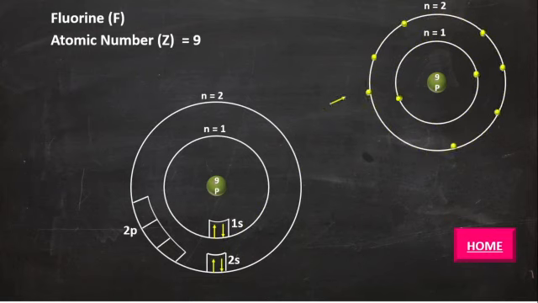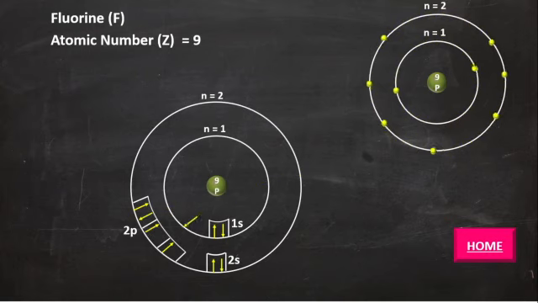Next, fifth electron, isn't it? Next, sixth electron, isn't it? Here is the seventh electron, eighth electron, and ninth electron will pair up with this electron.